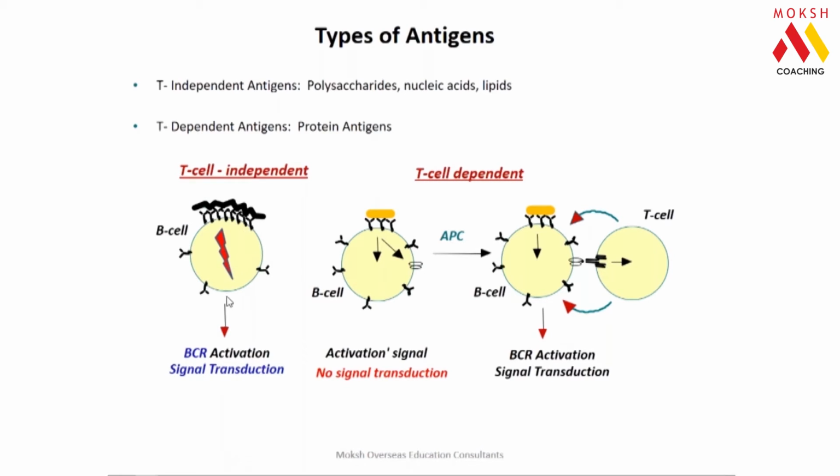So there is no memory, there is no differentiation, and there is no class switching here. However, there is activation, so it will fight this current infection. However, it will not be able to do other things. This will come in handy later also.